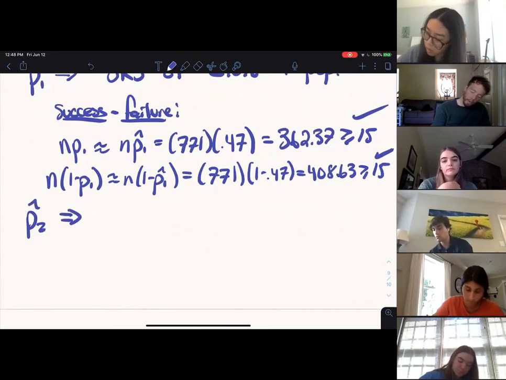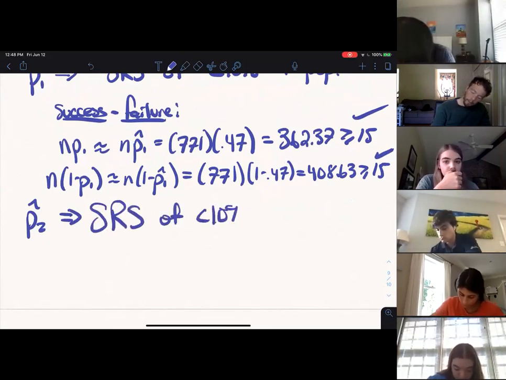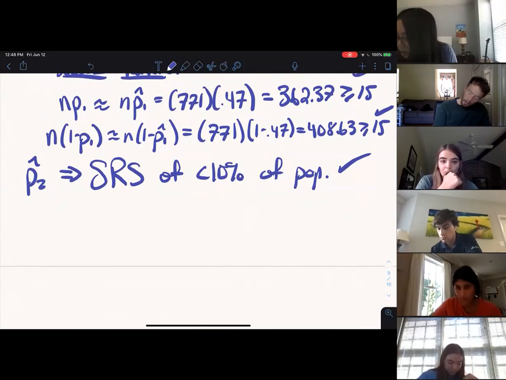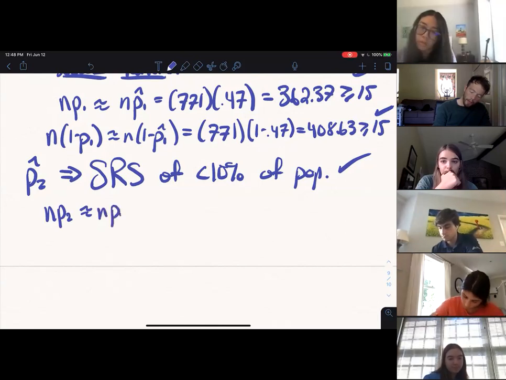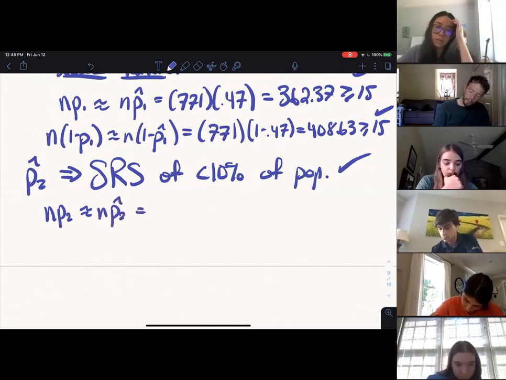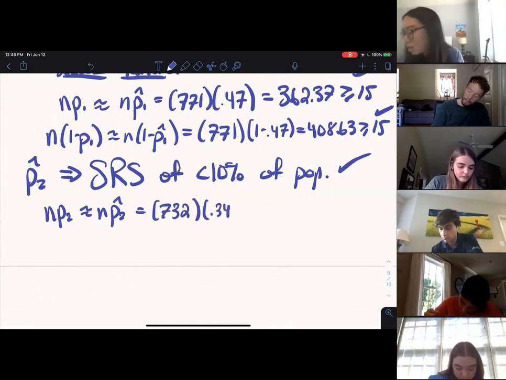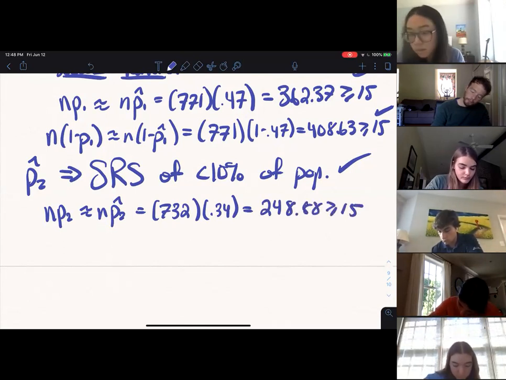This is a simple random sample of less than 10% of the population. So that one works. We have independence. And then next we have NP2, which again we approximate with NP2 hat, which is equal to 732 times 0.34, which comes out to 248.88, which is greater than or equal to 15.